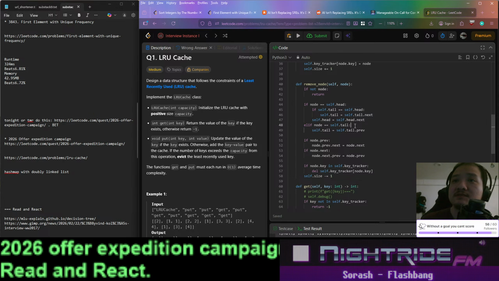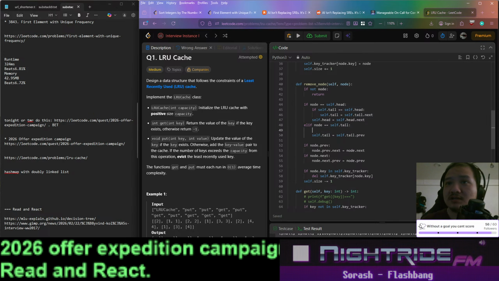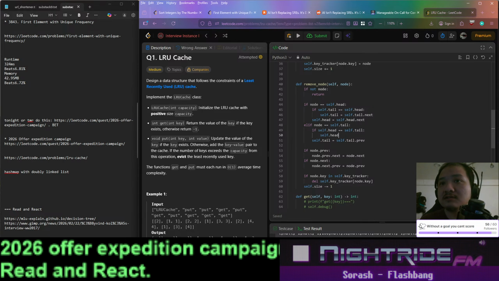Oh wait, hold on. If the tail here, we have to do the check here. If self.head here equal to self.tail, right? For some reason. So then self.head. I don't think so, but let's just do that. So the one we remove is actually equal to the tail, and if the tail is actually the head.